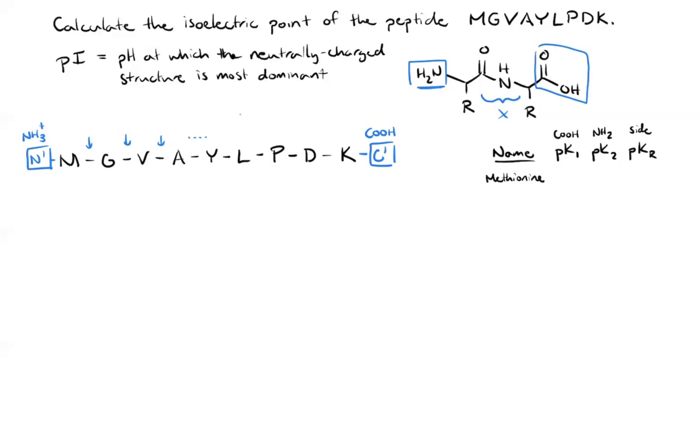I'm just going to write in the values here, something around 2 for the pKa associated with that carboxyl group that's part of the backbone. For methionine, we have a value of 9.21 for the second one, and usually values for the backbone amine group are also somewhere around 9.